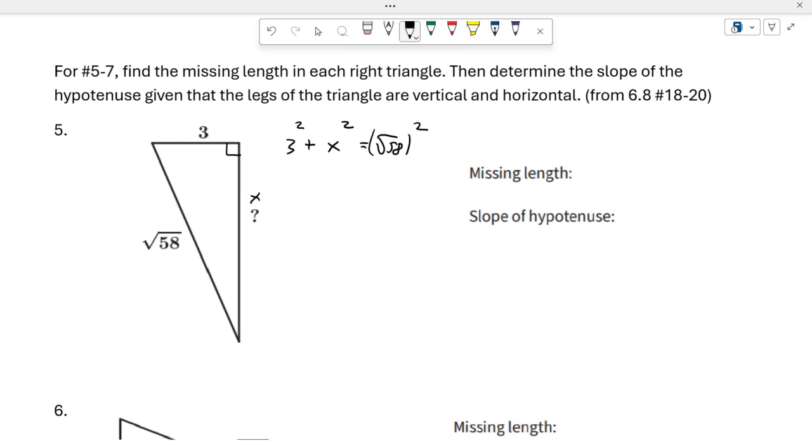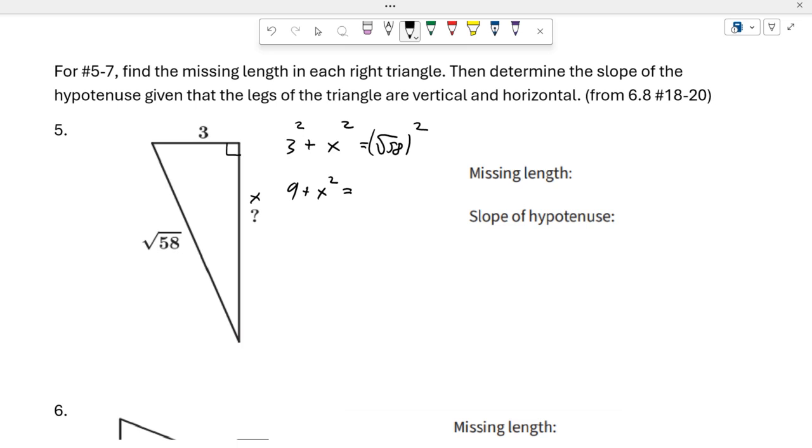So 3 squared is 9. Now, the square root and squared are inverse operations. That's why when you've got an x squared and you want to get rid of the squared, you take the square root, because they're inverse operations.